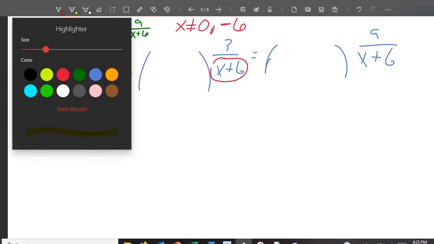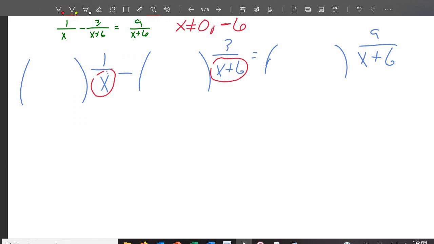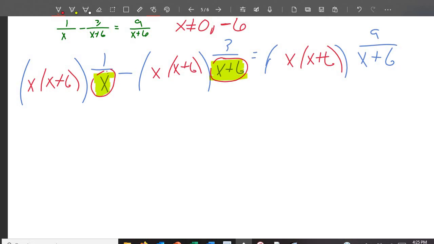Now, I'm going to highlight all the different everything in the denominators, and everything that's different is going to go in the parentheses. So we got to have an X and an X plus 6. Now comes the crossing things out.